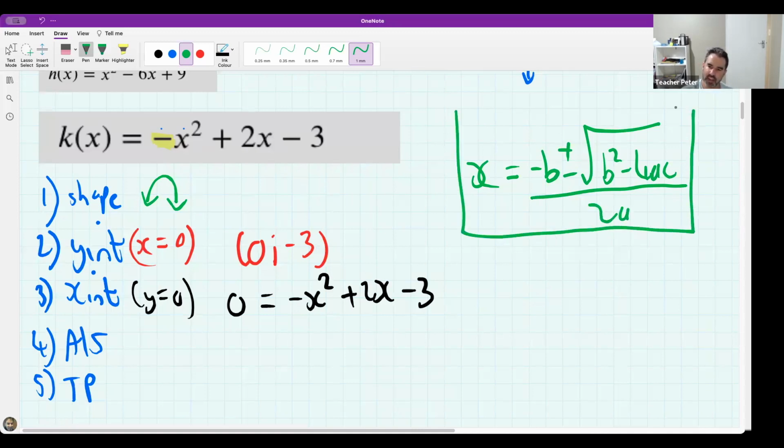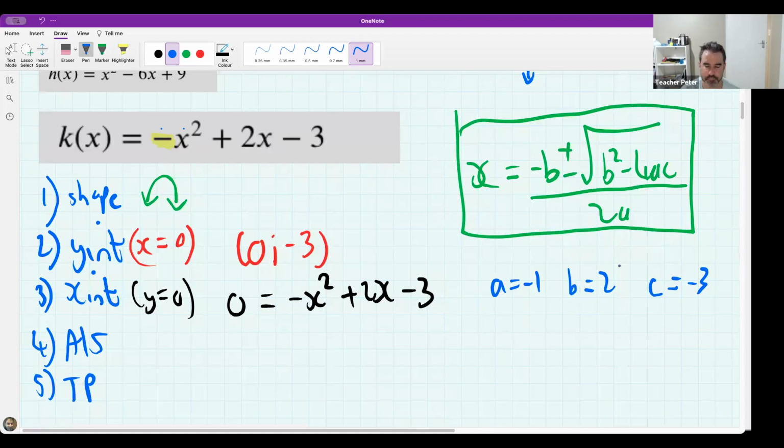Find me the x-intercept using that formula. So over to you guys. Tell me the x-intercepts by applying that formula. Sometimes it can be helpful to write down what a, b, and c are. So a is minus 1, b is 2, c is minus 3.